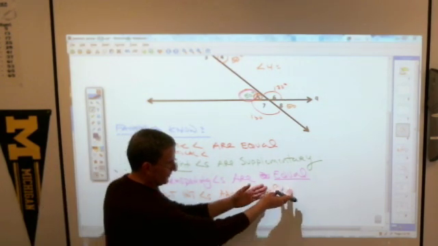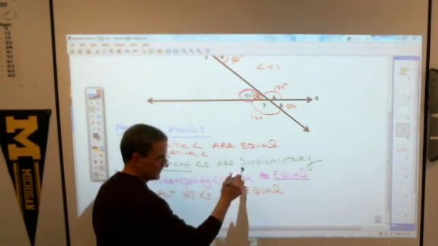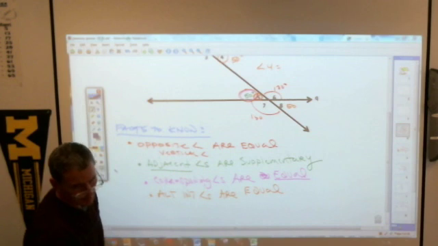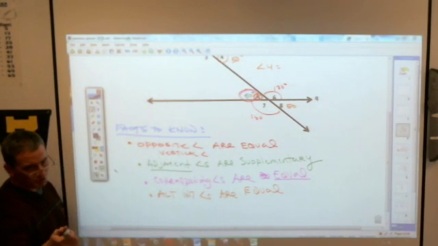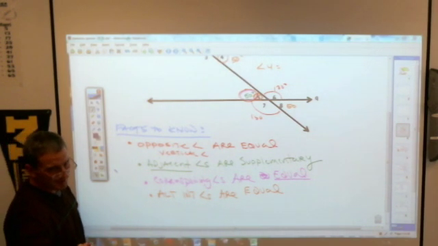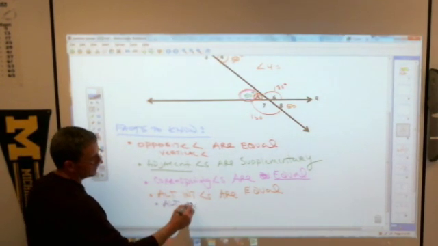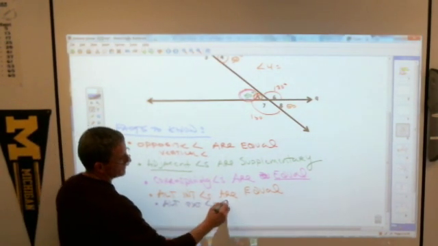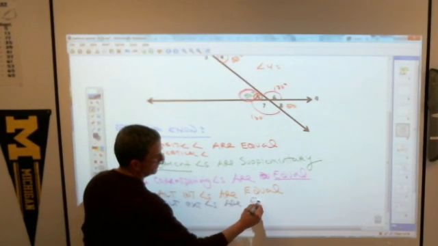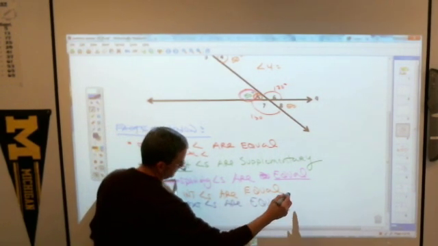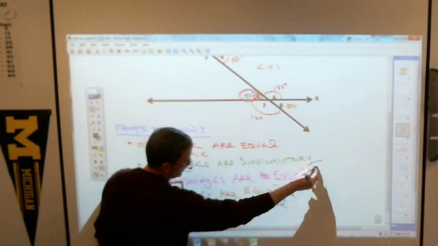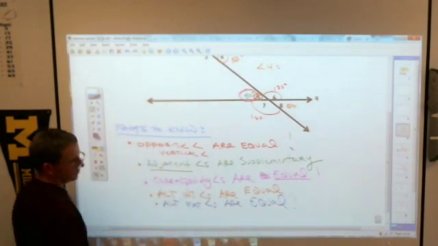Looking at the pattern of things we have here, excluding supplementary, alternate exterior angles are going to be what? Alternate exterior angles are equal.